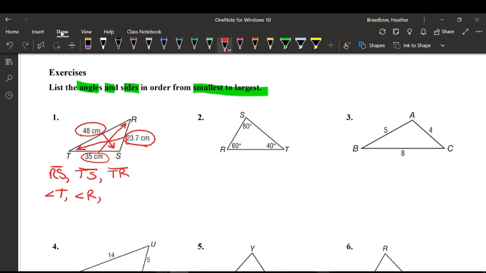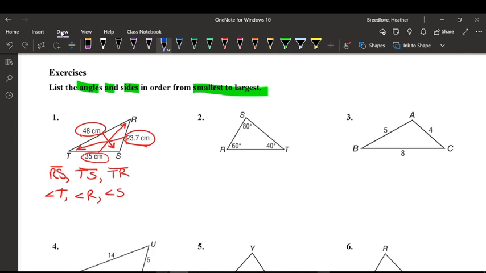Across from that is angle S, so angle S is the largest angle. So you're just observing the given relationship. That one was sides. List the sides smallest to largest.